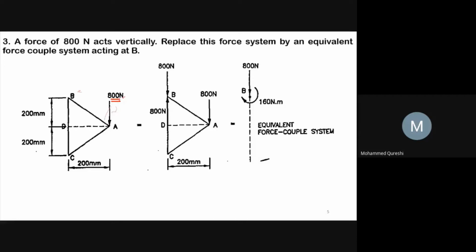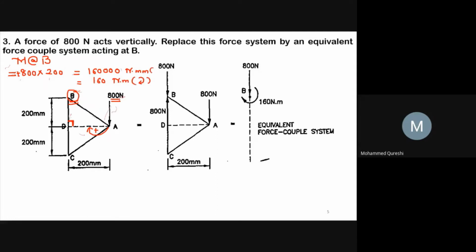Replace this force system by an equivalent force couple system acting at B. We have to replace the 800 Newton force by an equivalent force couple system at B. So first of all, let us take the moment at point B. So taking moment at B, our force is given as 800, and this 800 Newton force will move towards B in clockwise direction, hence it will be taken as positive, and this 800 Newton makes the perpendicular distance 200 with reference to point B. So here 800 into 200 equals 160000 Newton mm, which equals 160 Newton meter.